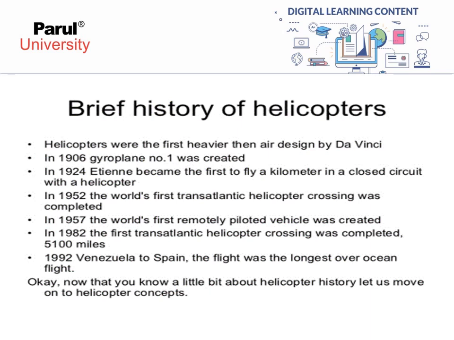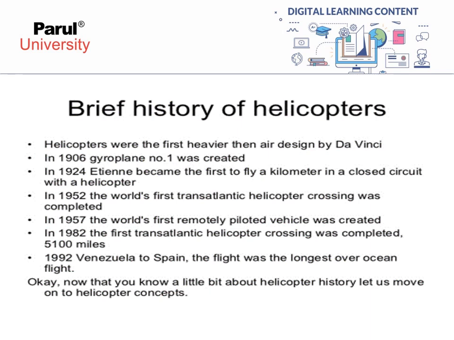In 1957, the world's first remotely piloted vehicle was created. In 1982, the first transatlantic helicopter crossing was completed, 5100 miles. In 1992, Venezuela to expand the flight was the longest over-ocean flight.